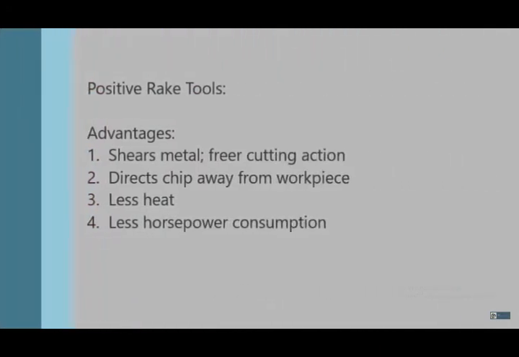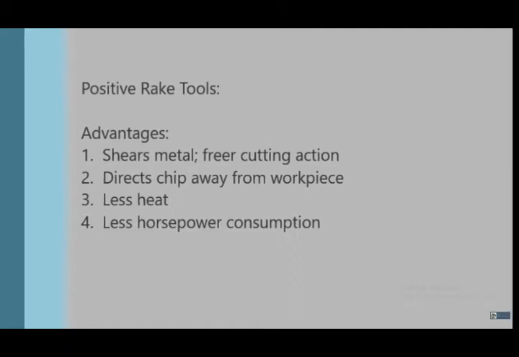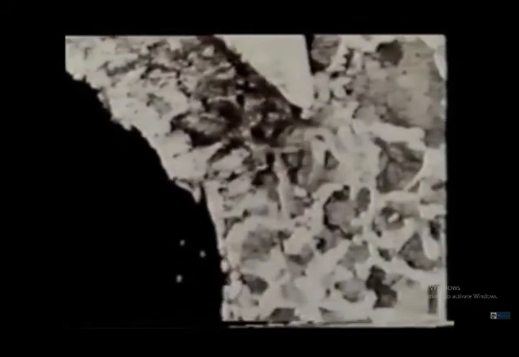And next, the positive rake angle. Positive rake angle shears the metal, gives free cutting action, directs the chip away from the workpiece, less heat, less horsepower consumption. Here in this slide is the negative rake angle. It is the tool, the workpiece, and this is the chip.